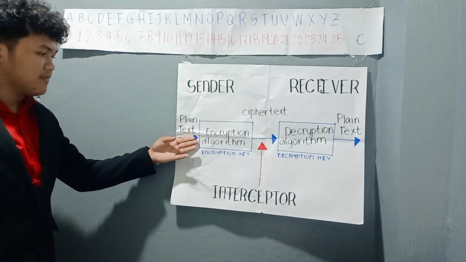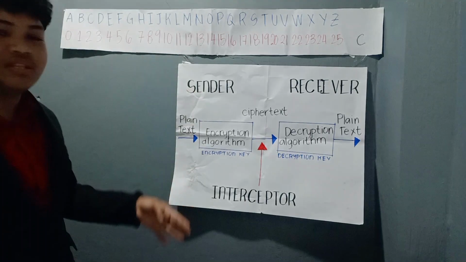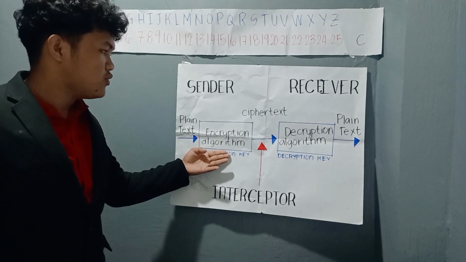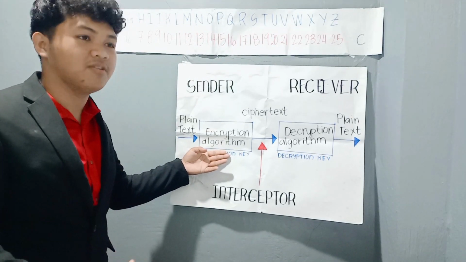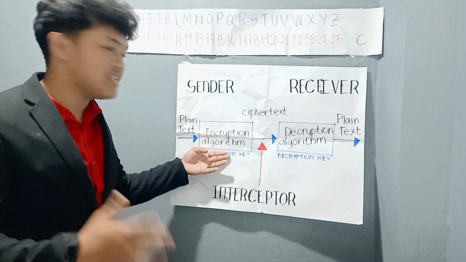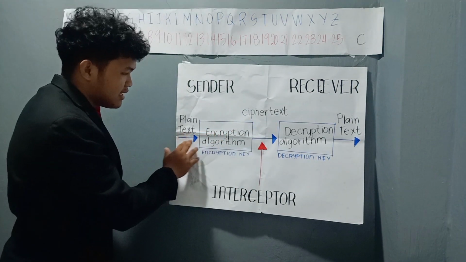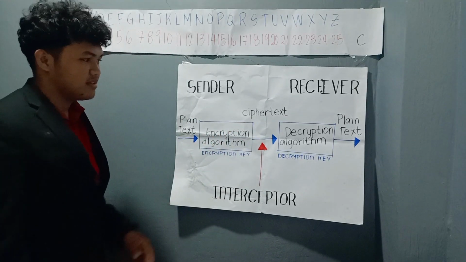Here we have the plain text, and the sender applies the encryption algorithm to turn it into an unreadable format: the ciphertext.